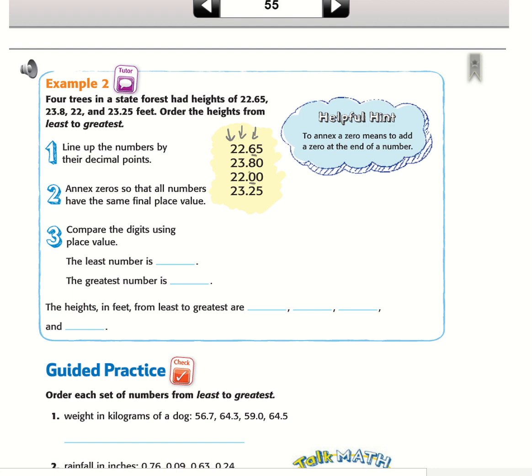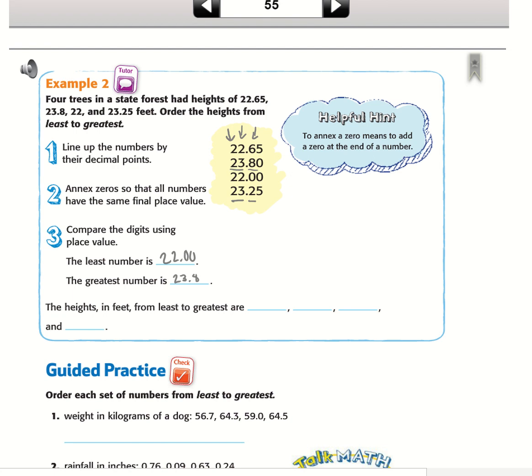So my number in the least is going to be 22. And my greatest number, we're going to look back at the 23s. So we have 23, 23, and then 2 and 8. 8 is greater, so my greatest number is 23 and 8 tenths.